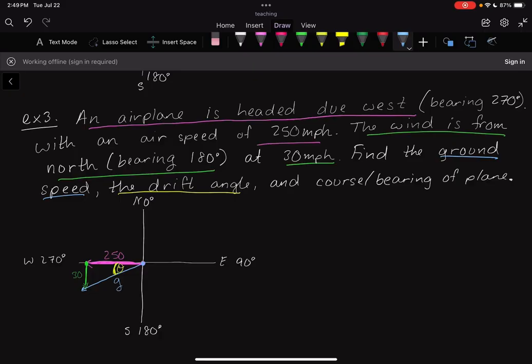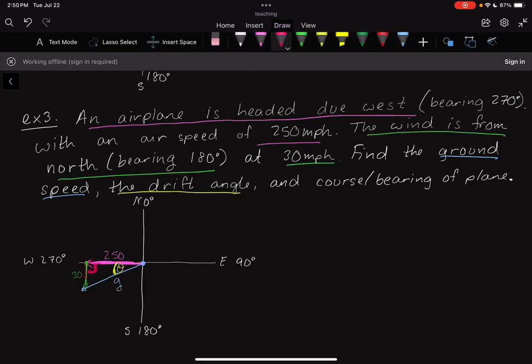Now here's the problem. I always need 3 pieces of information to find out other stuff about a triangle. Right now, it looks like we only have 2 pieces of information, but we can always find the angle between where the plane was trying to go and the wind. In this case, a straight horizontal line and a straight vertical line make a 90-degree angle inside there.